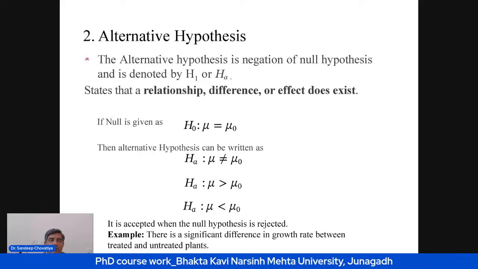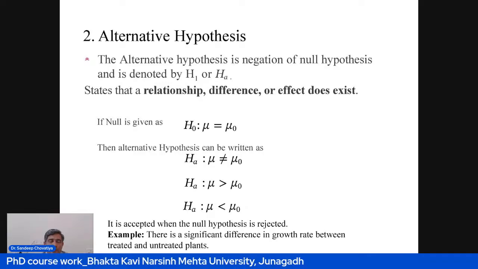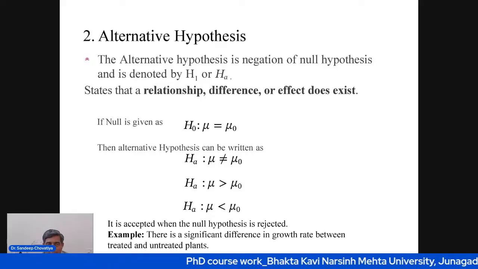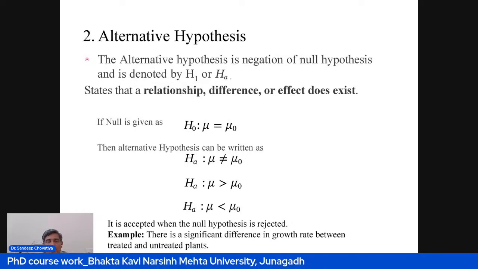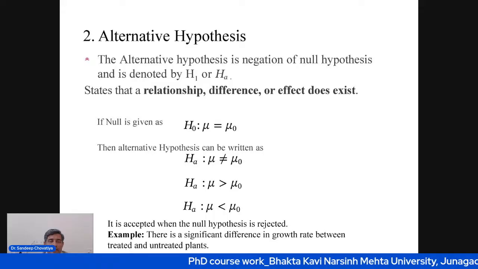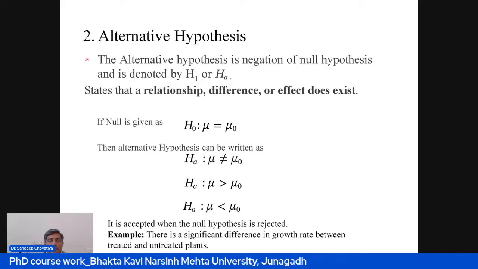Number two is the alternative hypothesis. The alternative hypothesis is a negation of the null hypothesis, denoted as H1 or HA, and states that a relation, difference, or effect exists. In the null hypothesis we formulate H0: mu = mu0, meaning the population mean is equal to our mean.